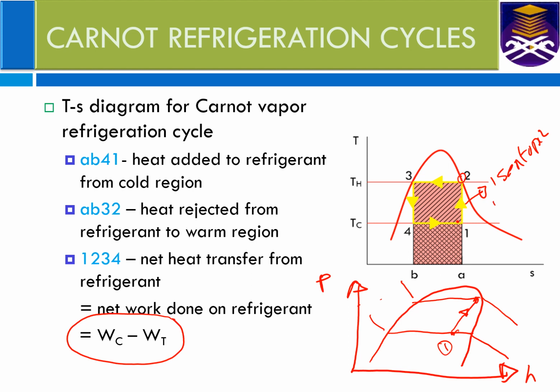So this is an ideal process where the process is adiabatic, and no heat transfer occurs, and it is reversible. Okay, but there will be a change of the enthalpy from 1 to 2, and then 2 to 3 is the heat rejection, Q dot H.